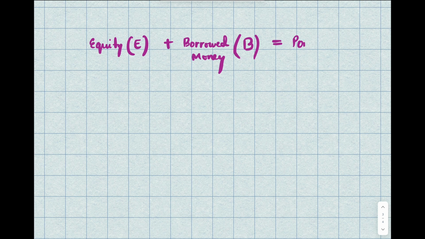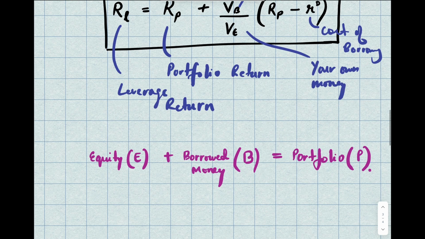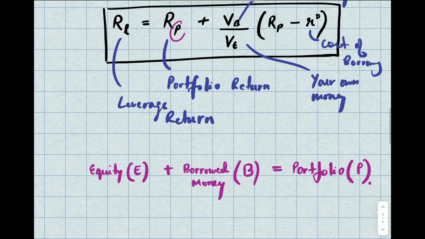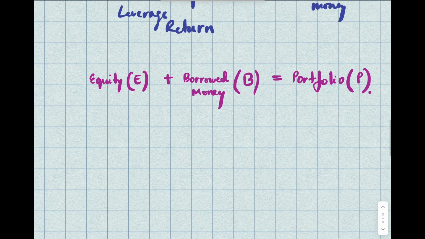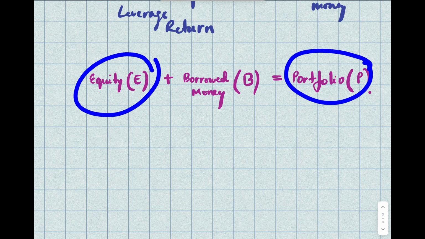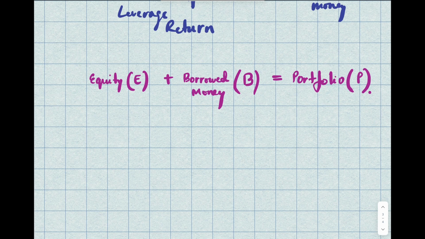So let's write it as P. This P is that portfolio only. RP is the return on the portfolio. Hope it makes sense. So your portfolio consists of your own money and also borrowed money. Okay, so I can write E plus B is equal to P, or I can write it as P is equal to E plus B.